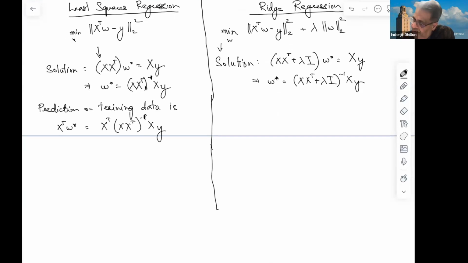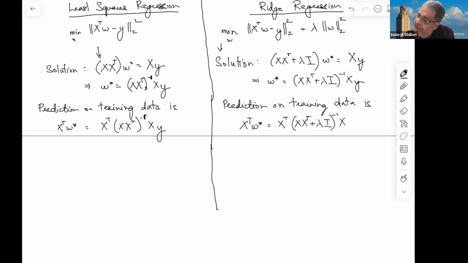Similarly over here, the prediction on training data is X transpose W star, and my W star is XX transpose plus lambda I inverse times XY.